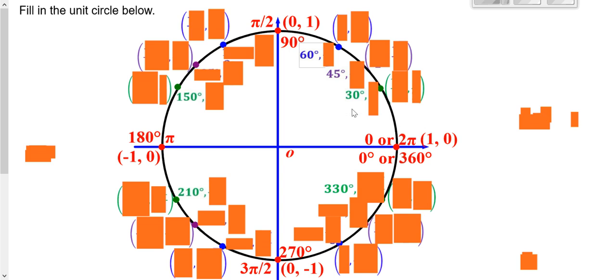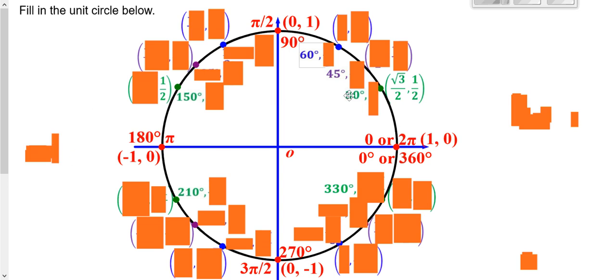Now, cosine deals with x, and the cosine of 30 is something you're supposed to have memorized. You know that that's root 3 over 2. Sine of 30, you're supposed to have memorized, and that is the y value, which is 1/2. Now, if you take this point and reflect it over, I'm not changing my height at all between this point and this point over here, I'm still at the same height of 1/2.